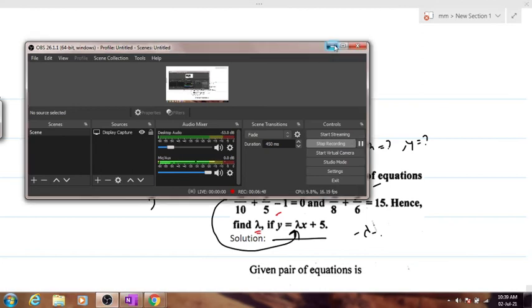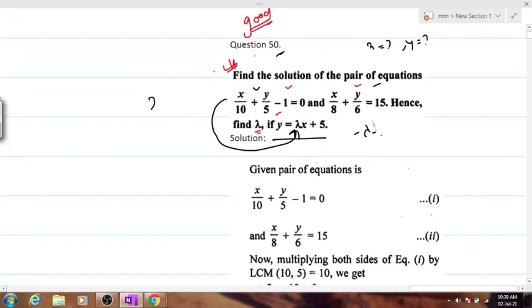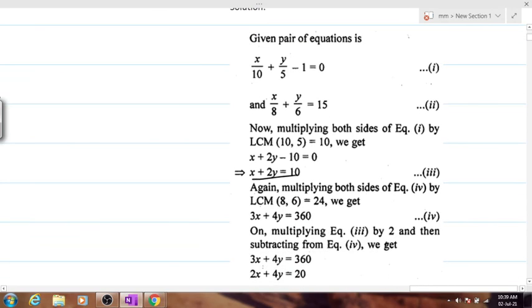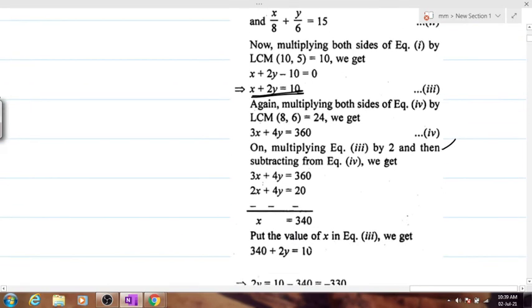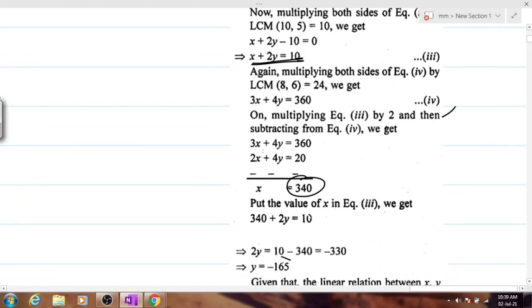Now we'll start discussing the answer for question number 4 for today. I have to calculate the answer. To calculate x and y, when you take the LCM over here, cross multiply, first of all the equations need to be formed, third and fourth. Once the equations are formed, x and y can be calculated as 340 and minus 165.